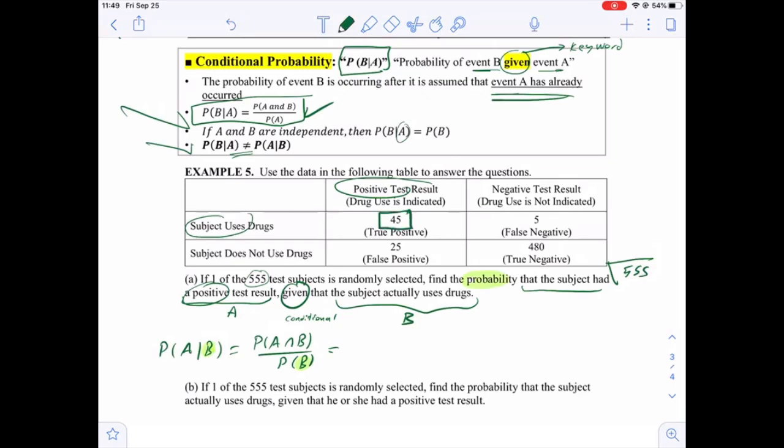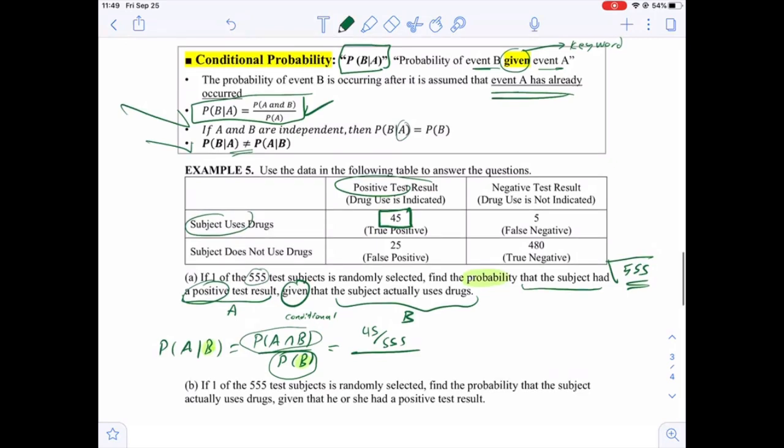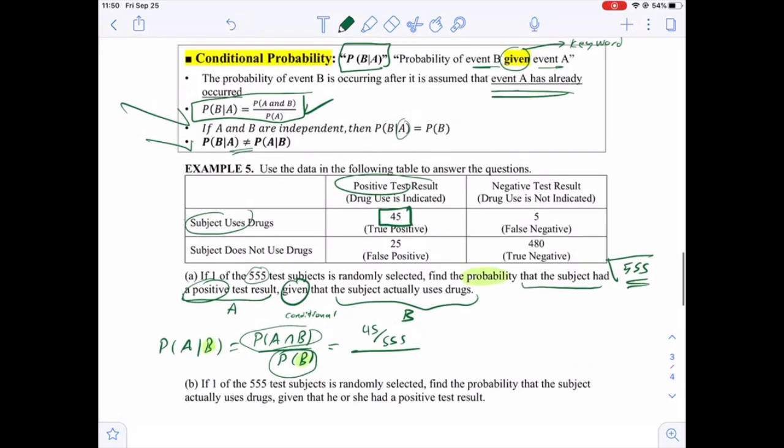So that's 45 out of 555. Now we want to find probability of B, the probability that the subject actually uses drugs. How many subjects use drugs? As you can see here, we have 45 plus 5.